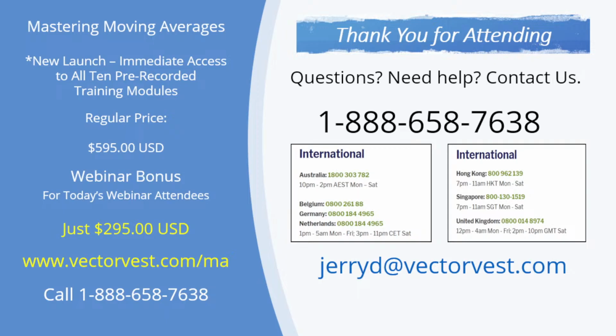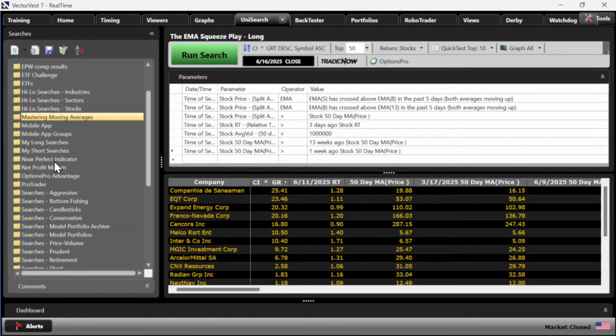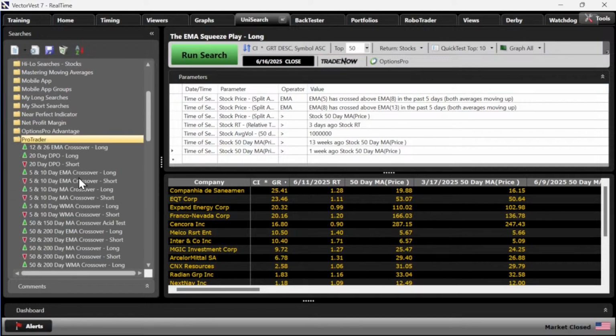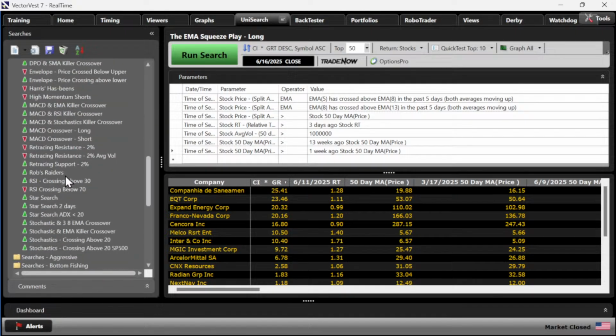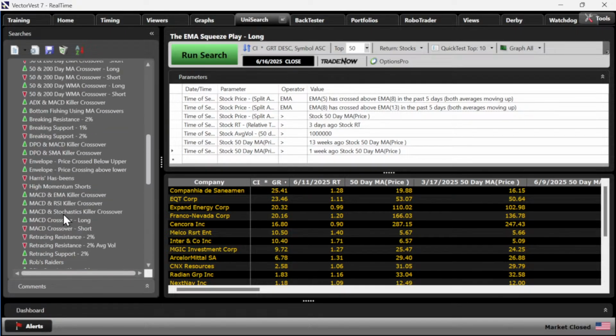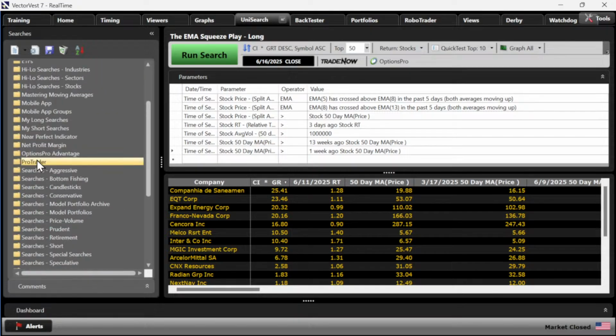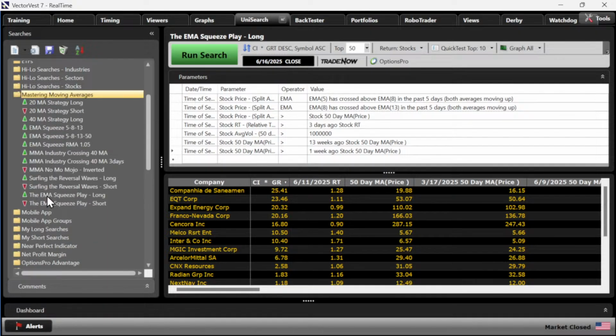Let's see, a couple of questions here that I missed. What is the cost of ProTrader? Is it a wrap-up or other features? Let me show you guys ProTrader real quick. In Unisearch, you'll have a ProTrader folder. It's technical analysis and moving average scans. There are a lot of pre-built scans already in ProTrader, but it gives you the ability to create scans using moving averages and including technical indicators.